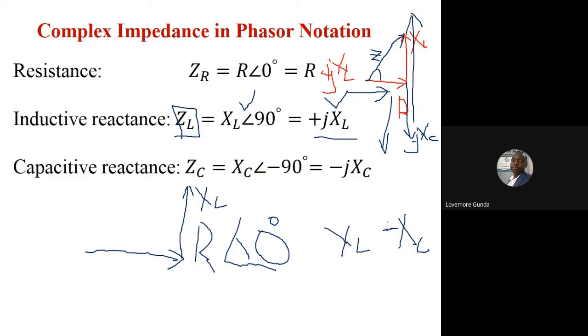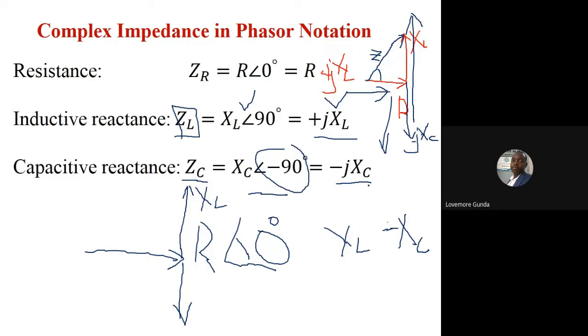Okay? Polar, rectangular. Capacitive reactance, ZC, becomes equal to XC at an angle of minus 90 degrees because it's going downwards. So this is the polar representation, and minus JXC becomes the rectangular representation.